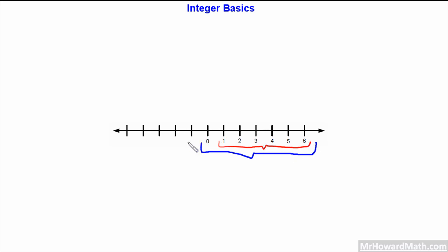So let's put those negative numbers in right here: -1, -2, -3, -4, -5, and so on. These arrows right here and here just mean that that number line is expected to continue on. Okay, that's what that means.